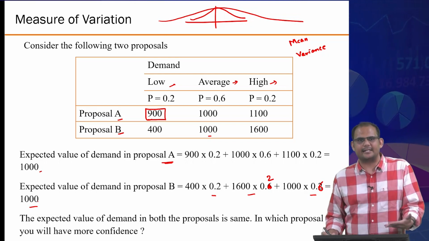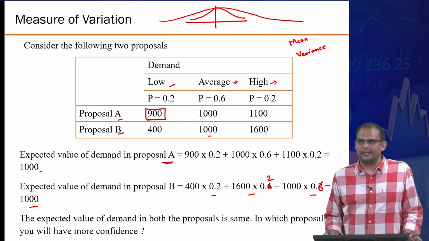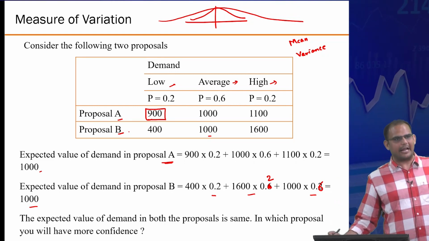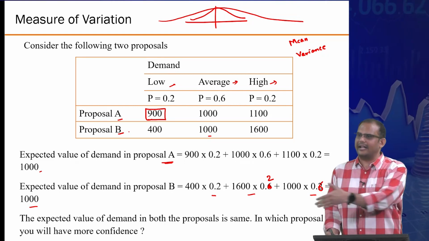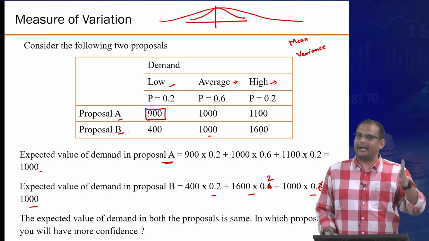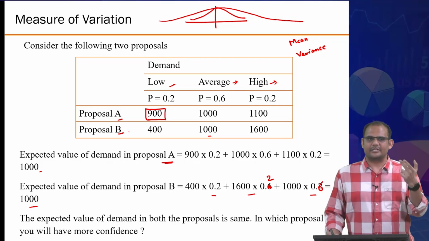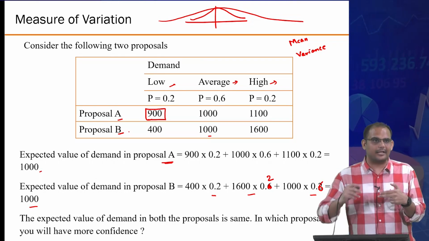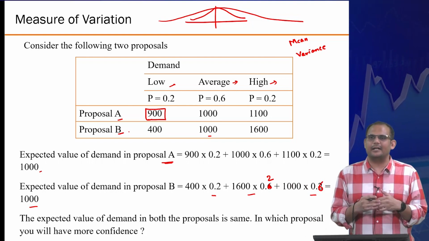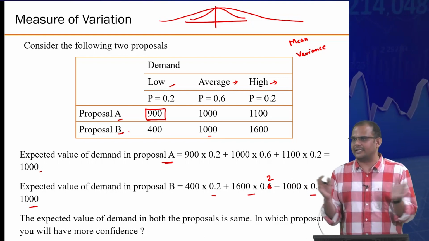So both these cases have the same means, but you can clearly see proposal B has a much lower value for the low case and a much higher value for the high case. Again, this is not necessarily a bad thing. For some people, this is an opportunity that there is a chance that I will get much higher money. For some people, it is a risk that the variation is just too much.